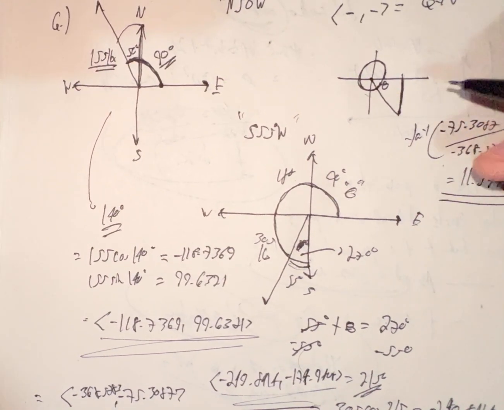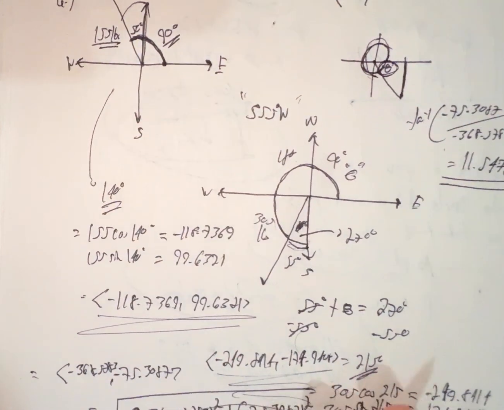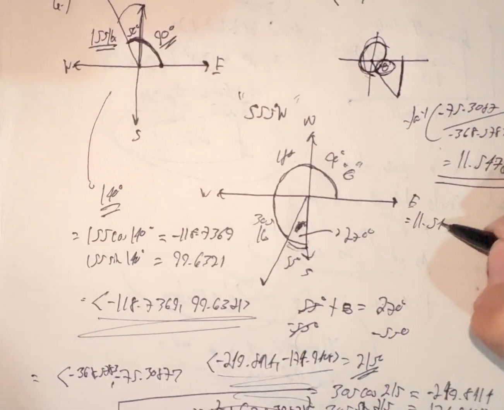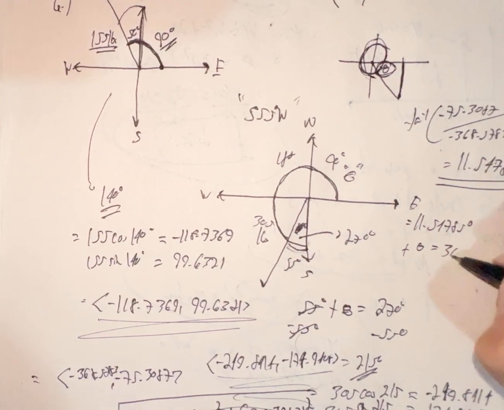That's not our final answer yet, because it's that angle. We need to find this one, the same method we used to get this angle here. So 11.5475 degrees plus theta should equal 360 degrees.